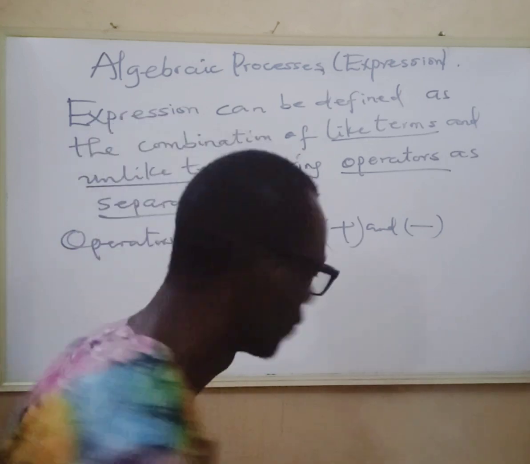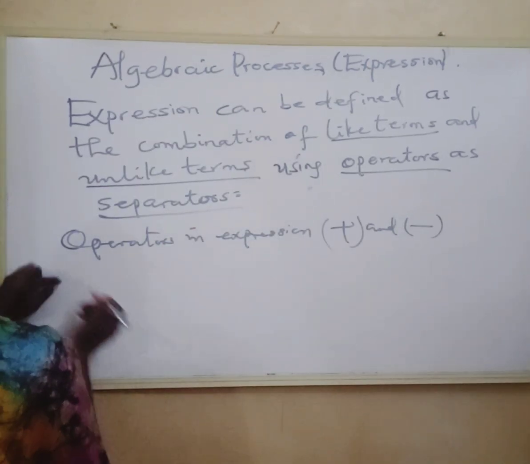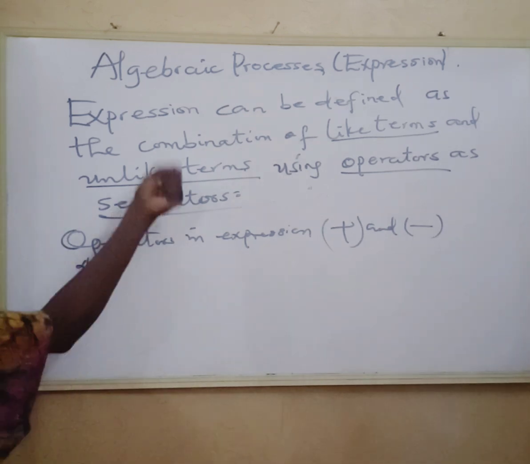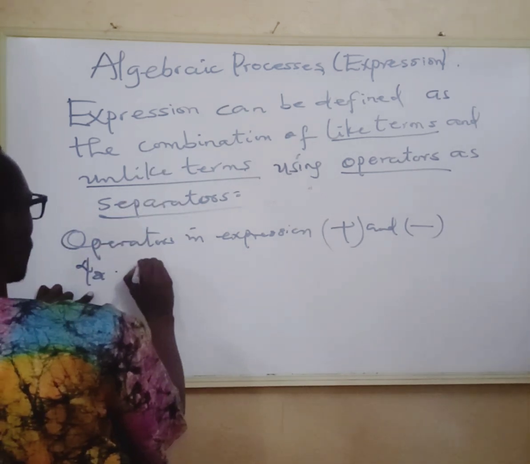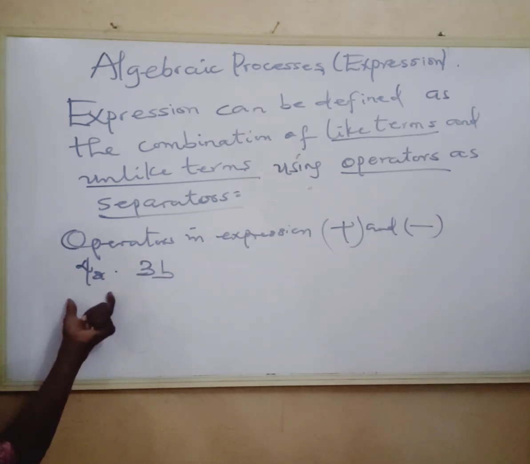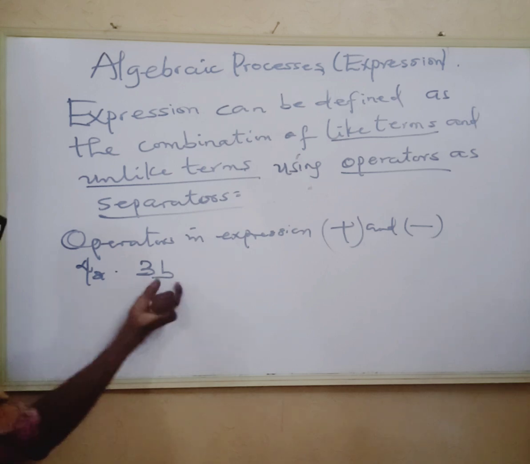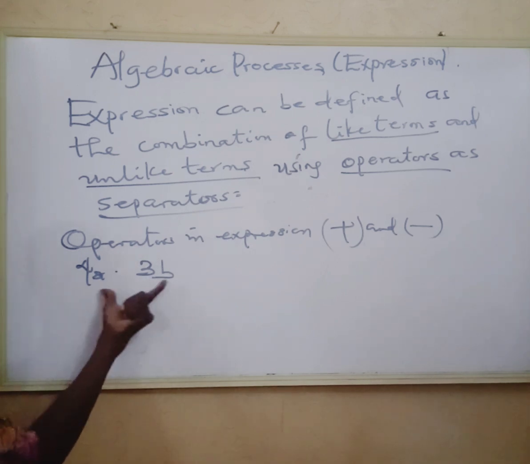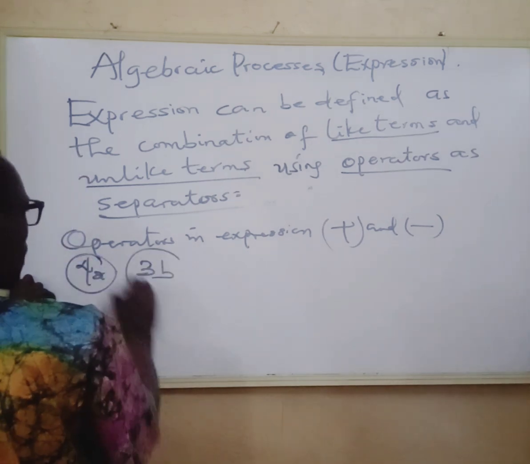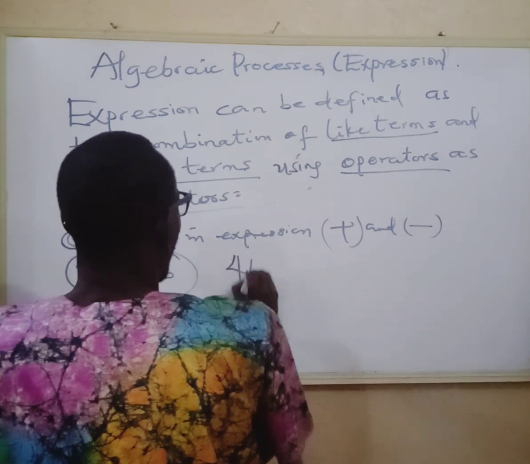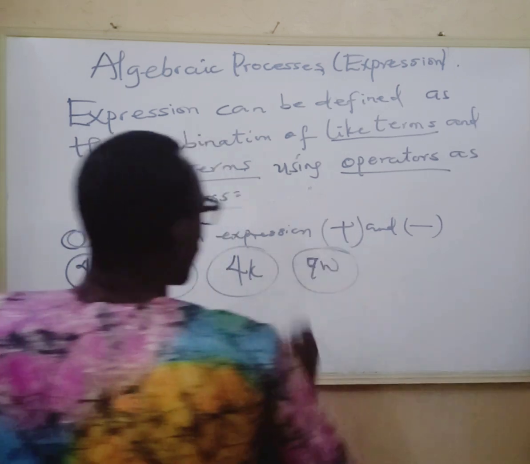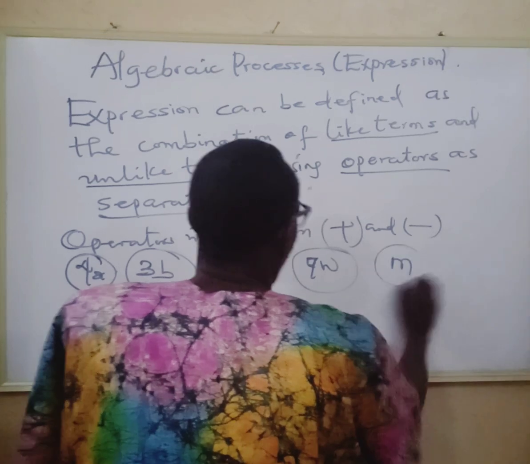terms to an expression. So let's take, for example, we have a like term to be 4A. We have an unlike term 3B, because this is the like term, because it is a multiple of A. This is another term that is different from A and B. This shows that 3B is a term, 4K is a term, 7W is a term, M is a term.